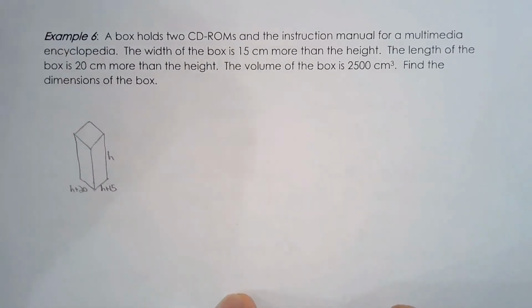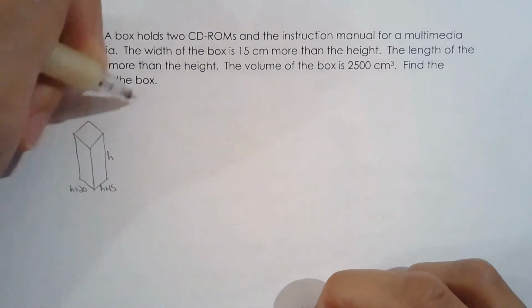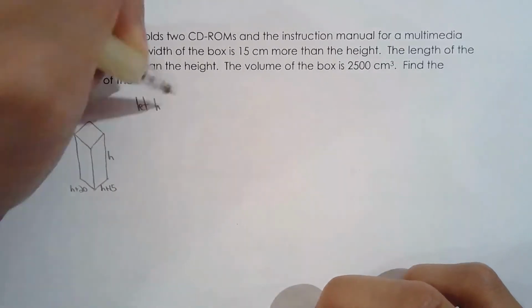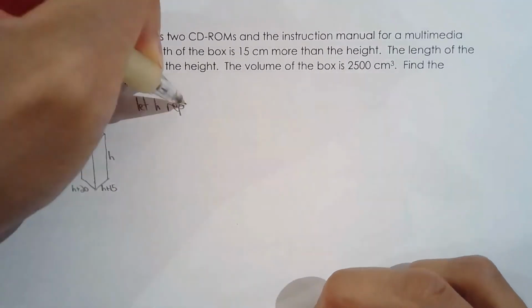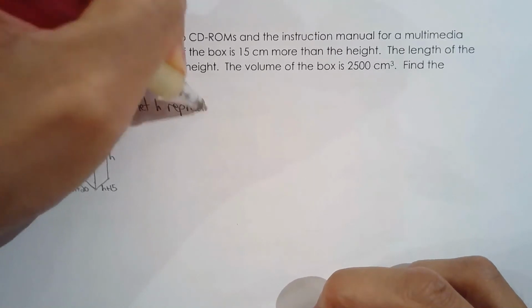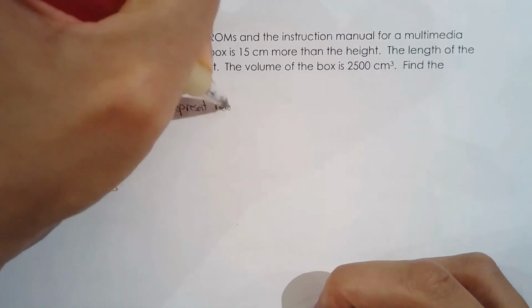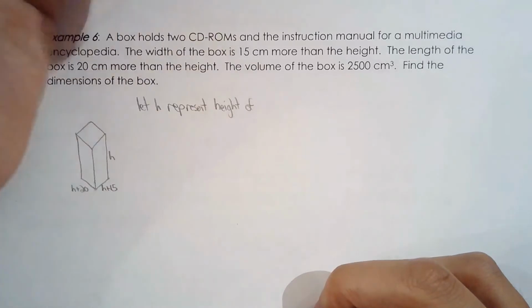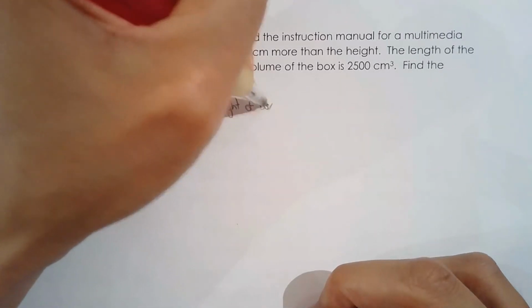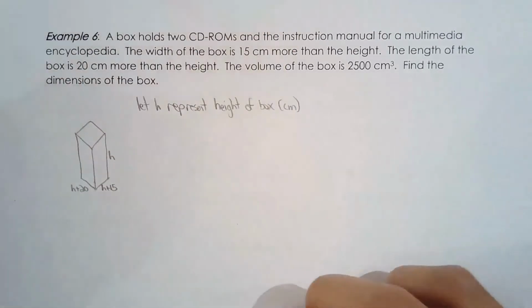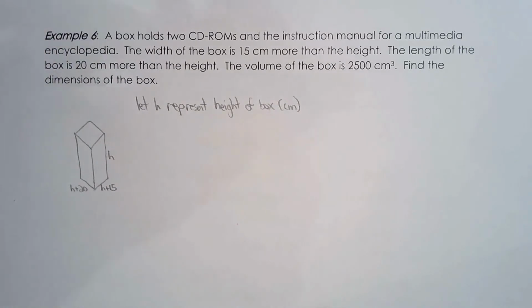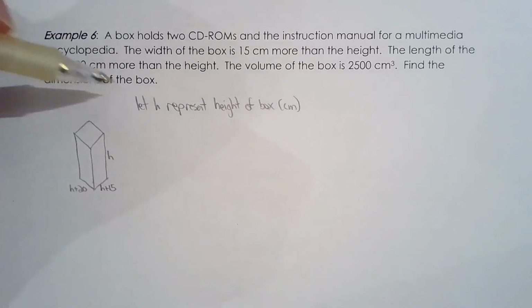And that's the height. Okay, and just like in grade 9, let h represent height of box in centimeters. So a nice let statement, beautiful, just like in grade 9 and 10.